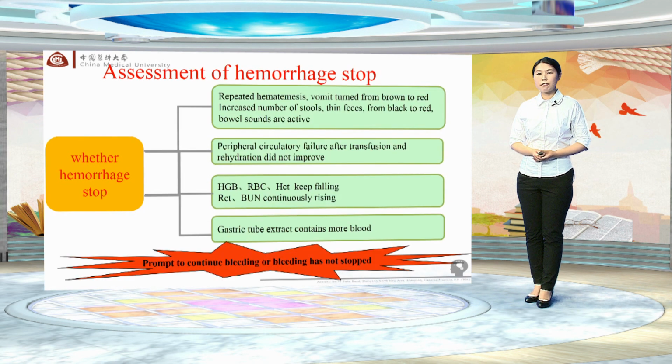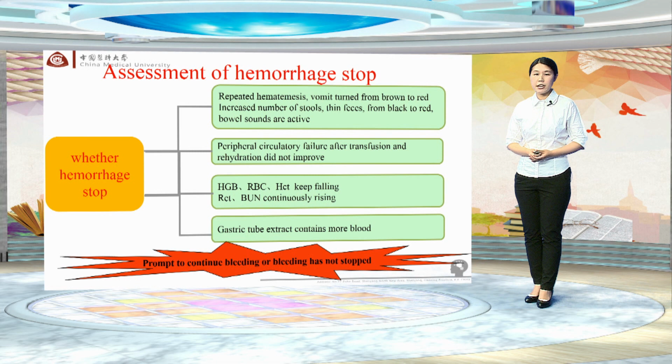In the progress of the treatment and monitoring of patients, we often need to judge and assess whether the patient's gastrointestinal bleeding has stopped, to adjust to the appropriate treatment measures in time. The following situations indicate that gastrointestinal bleeding has not stopped.